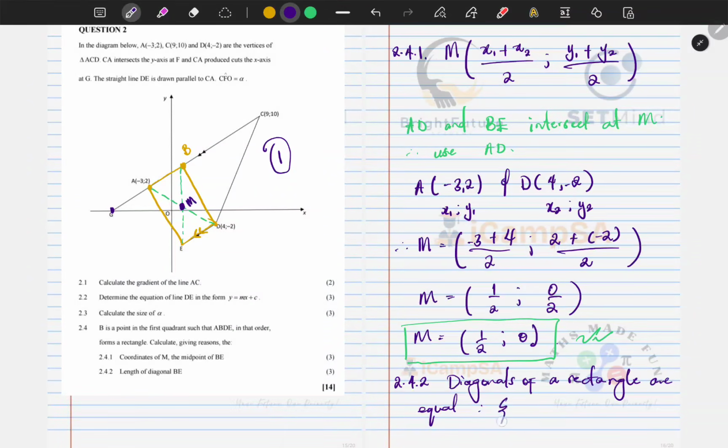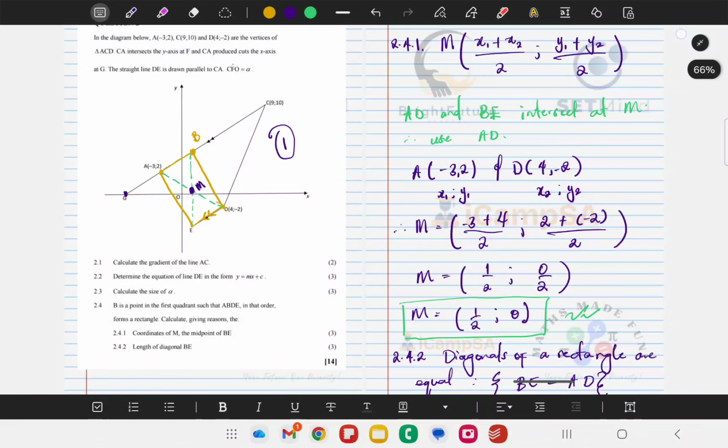So that means that the length of BE should be equal to the length of AD. So if we use a distance formula to find the distance of AD, then we would have found BE. So let's do that.